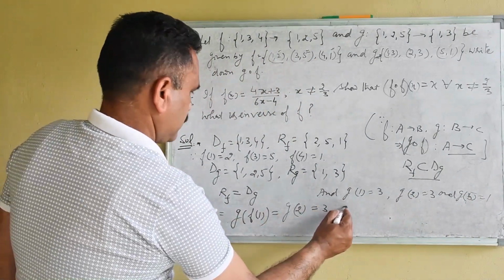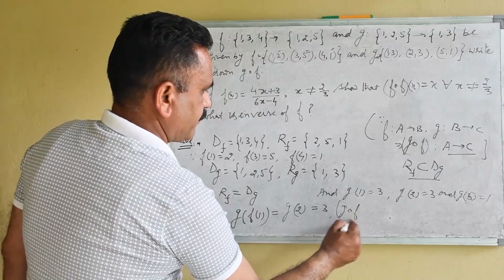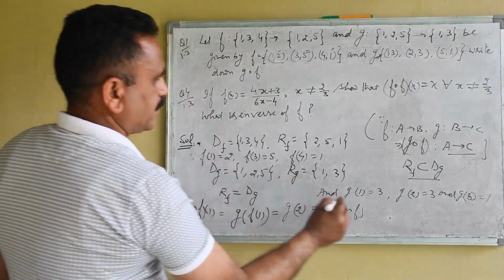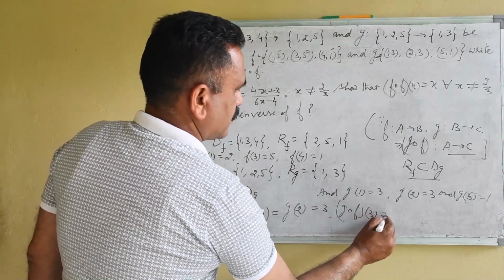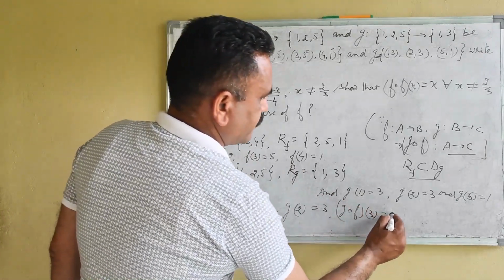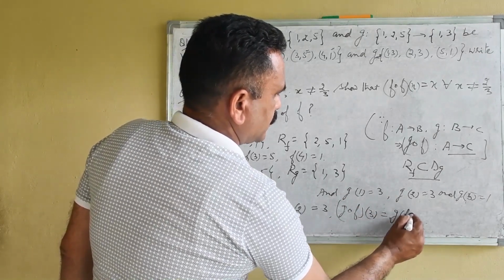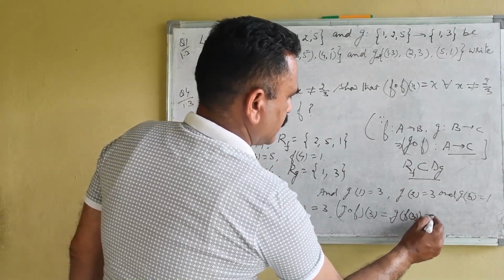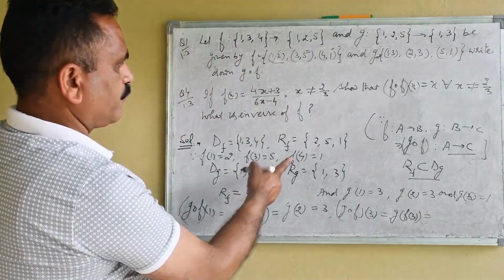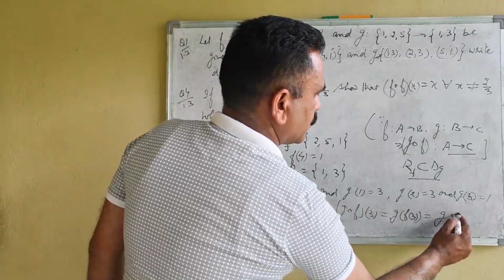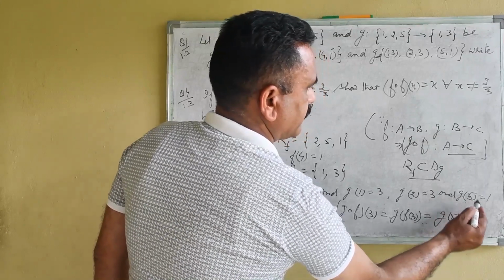Then g of f, second element of the domain, 3. What is the value of g of f(3)? What is the value of f(3)? f(3) is equal to 5. So g(5) is equal to 1.